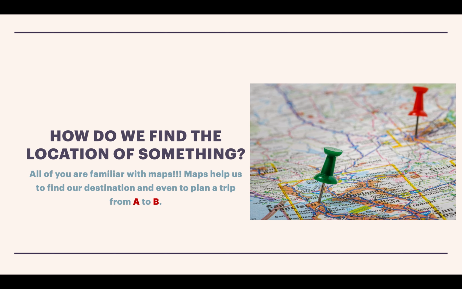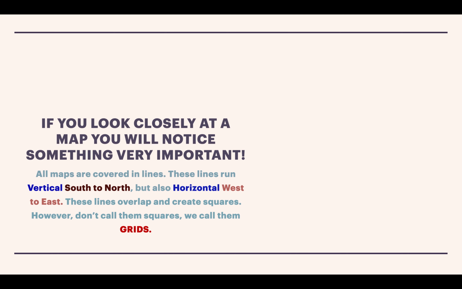Those points we usually refer to as point A, which is where we start, and point B, which is where we're going to finish. So what I want you to think about is when you look closely at a map, maybe some of you have noticed this, but it's very important information that you'll find on the image on a map.